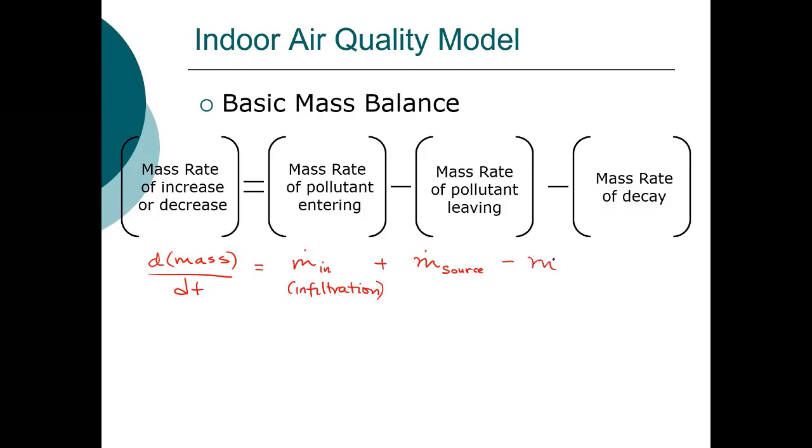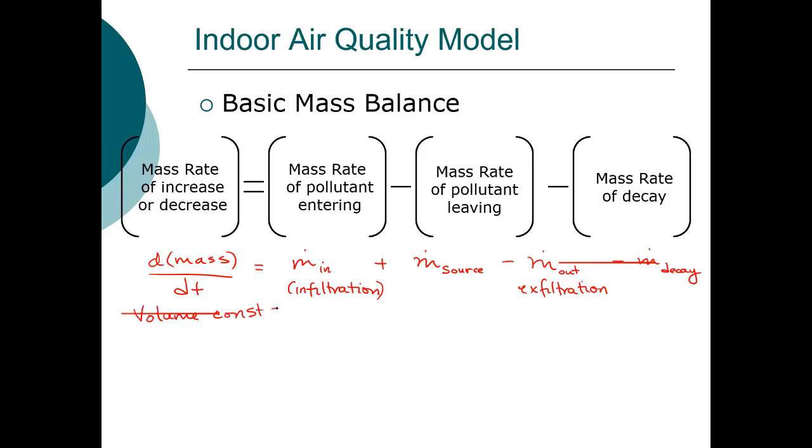We have mass leaving through exfiltration, and we're lumping here natural ventilation, forced ventilation, and infiltration. And we have the mass rate due to decay. Now, if volume is constant, I can write this expression as, we know mass is equal to concentration times volume.